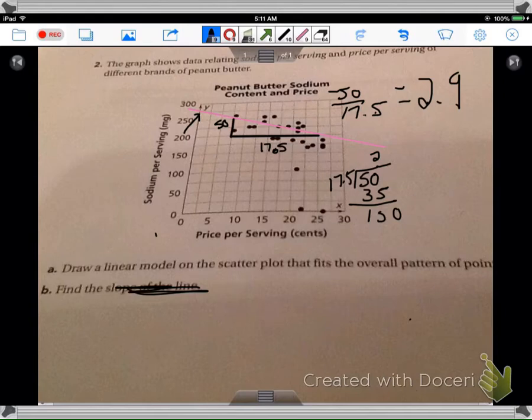So then the equation of the line would be that the S, or sodium, is equal to about negative 2.9, so that's about $2.90, P, that's per serving, plus, I said that was about 280.